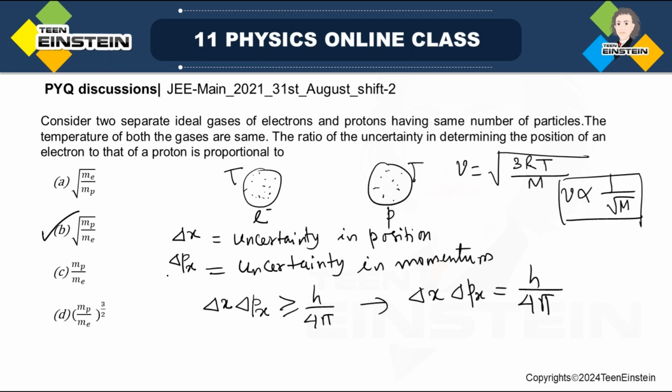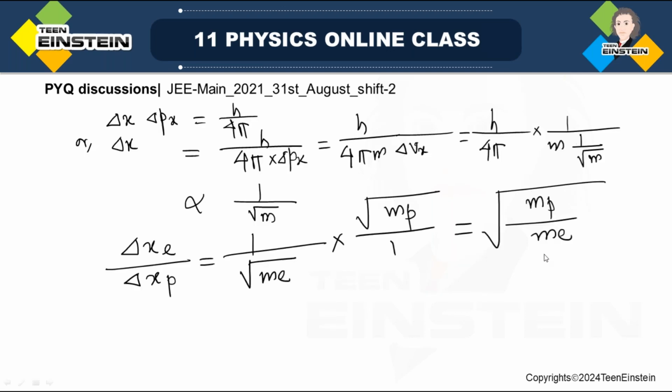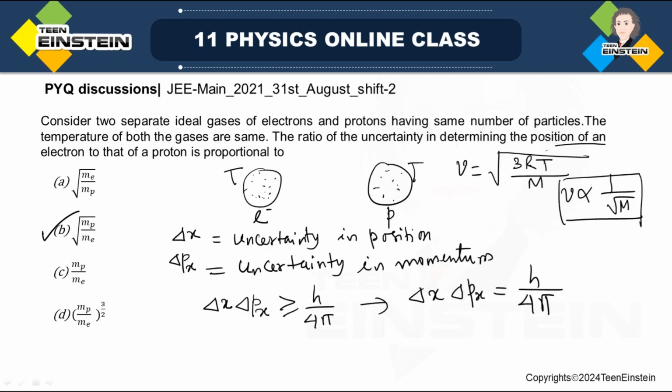Okay, so we have got square root of mp by me. So the ratio of uncertainty in determining the position of an electron to the proton is this, square root of mp by me. So option number B was the correct answer for this question.